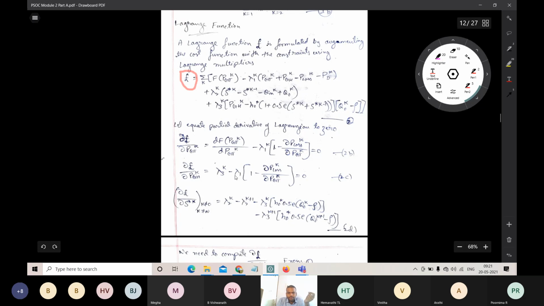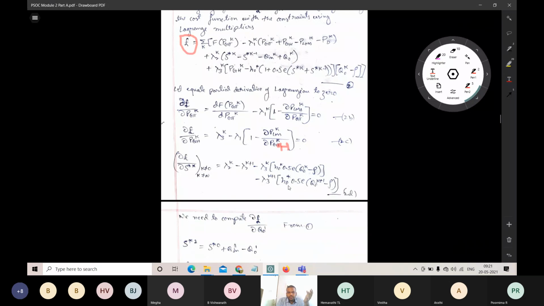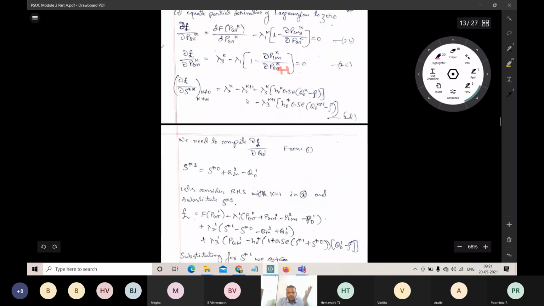So lambda 3 minus lambda 1 of dou P losses by dou PGH.